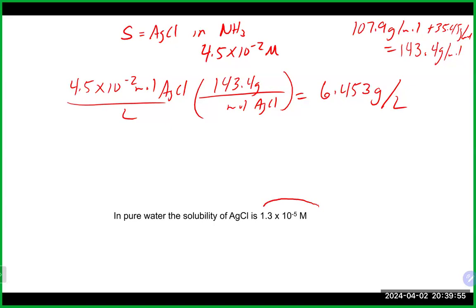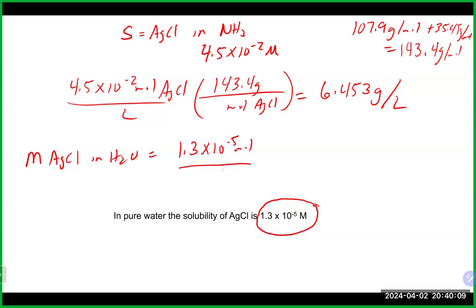Earlier in this chapter, we figured out the solubility of silver chloride in water, and it was 1.3 times 10 to the minus 5 moles per liter of silver chloride in water. If I multiply that by the molar mass of silver chloride, that gets me 1.3 times 10 to the minus 5 times 143.4.